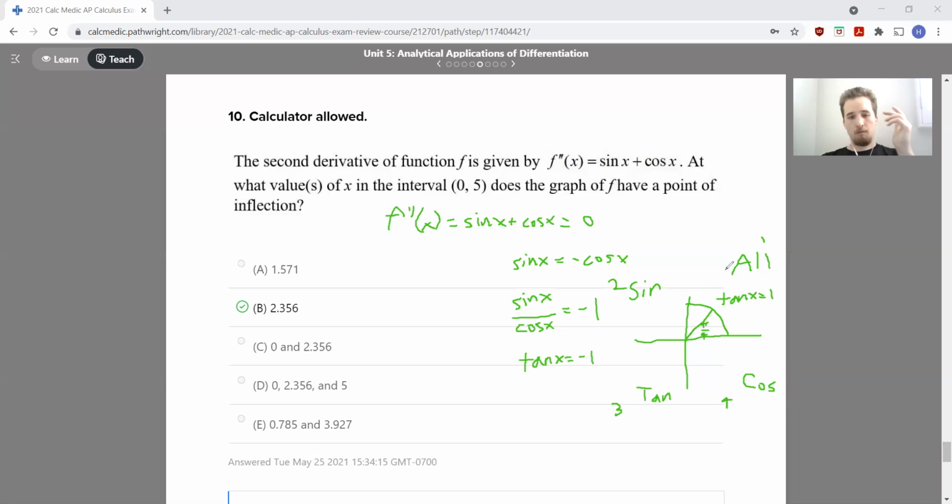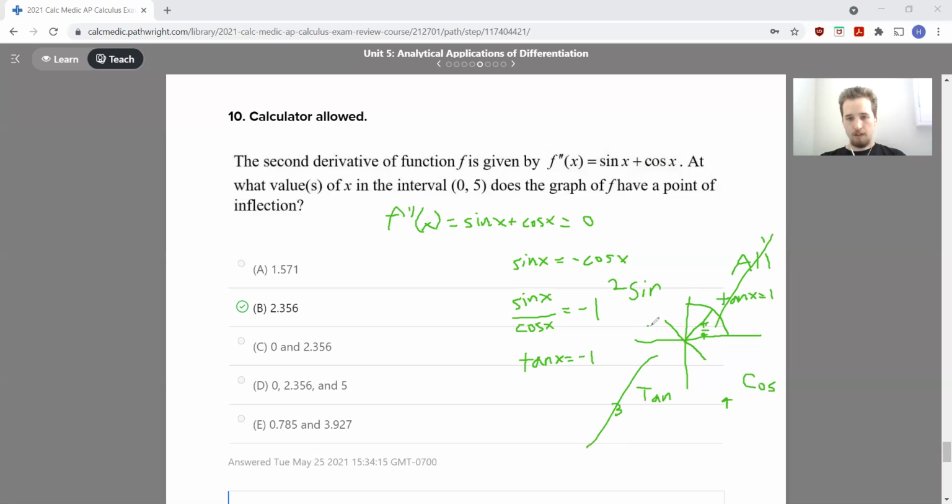So we want where tangent's equal to negative 1, not 1, right? So we know tangent's equal to 1. It's positive 1 in the first quadrant because all trig functions are positive. And we also know that tangent's equal to a positive number in the third quadrant because tangent's positive in the third quadrant. So we don't want 1 or 3. However, in 2 and 4, we know that tangent is negative.